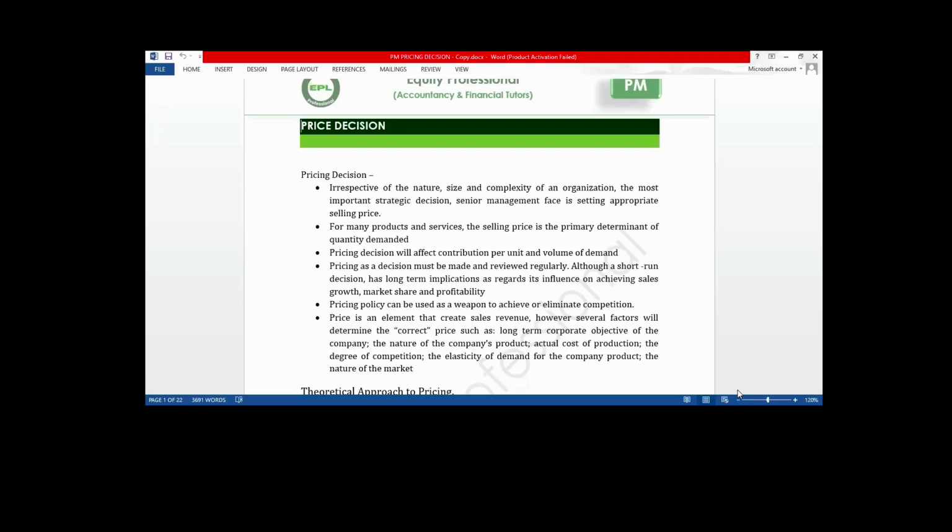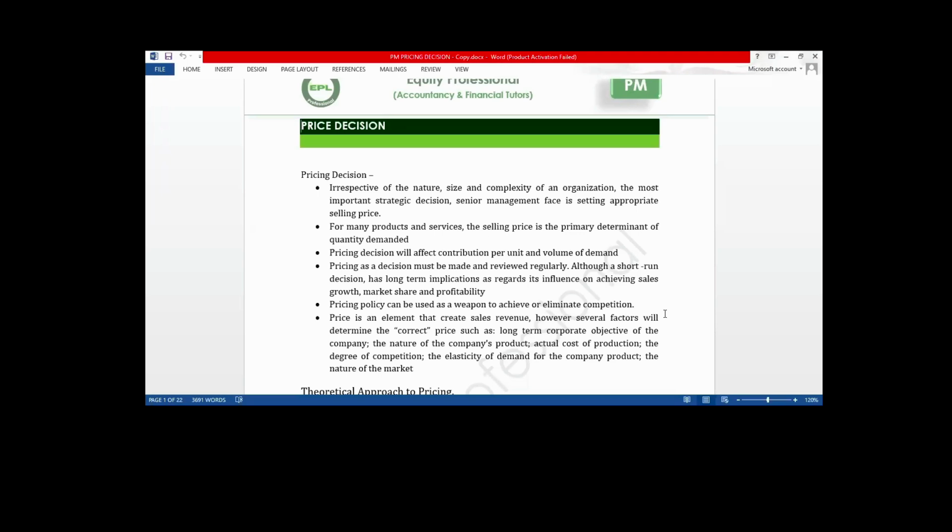Number three is the actual cost of production. Your cost of production will have impact on your price. In most cases, even governments, no company will sell below the cost of production.